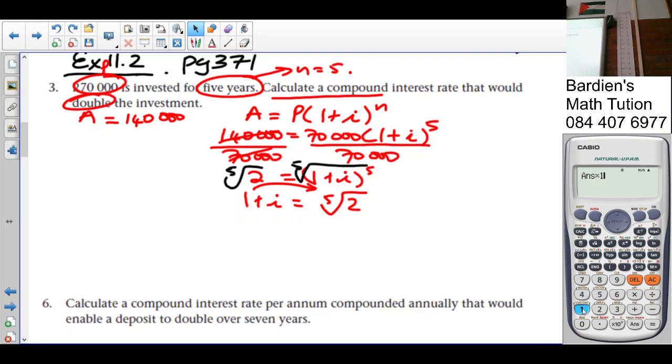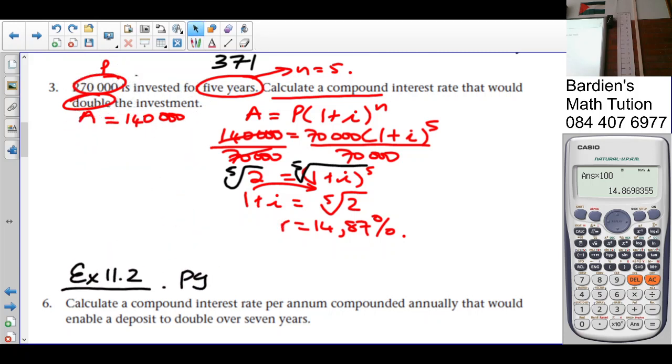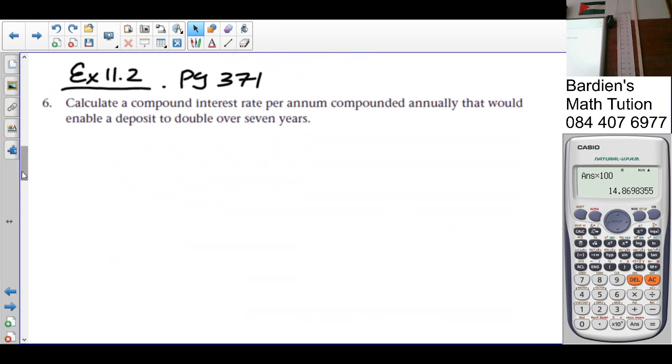Multiply it by 100. Why by 100? Because I want the percent, the R value. So R is 14,87. Any confusion? Any confusion, people? No. Right, let's see.